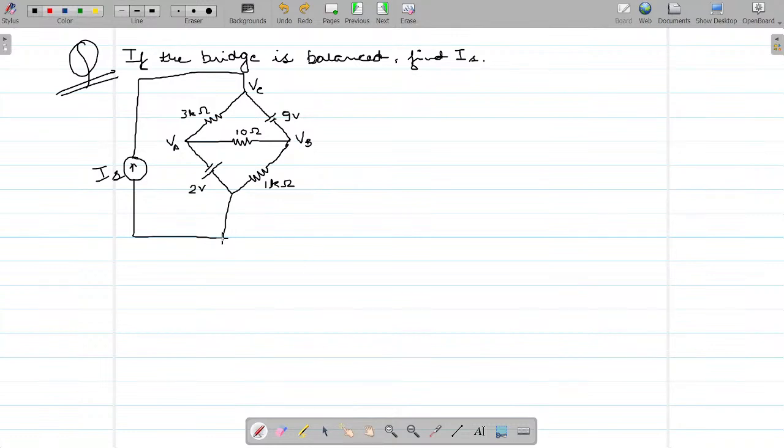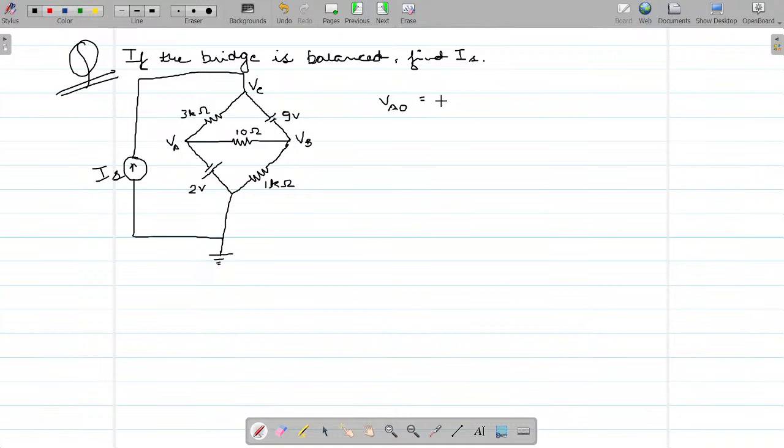So let me, for the sake of solving, mark this point to be ground. If I mark this point to be ground, tell me what is the absolute potential of point A with respect to ground? If this is 0 and this is plus 2 volt, so this must have been minus 2 only, then this potential is 2 times higher.